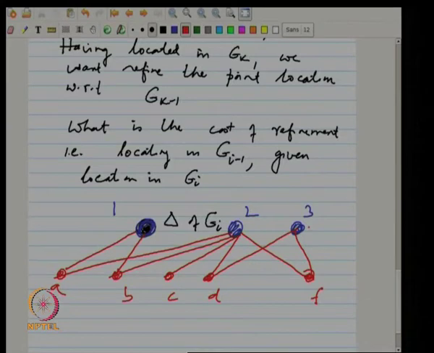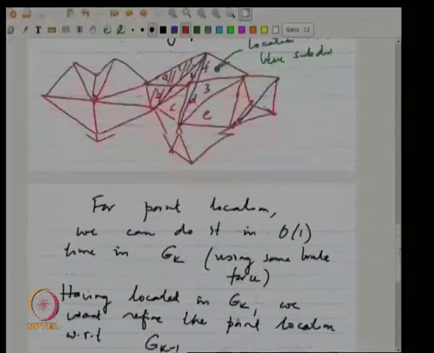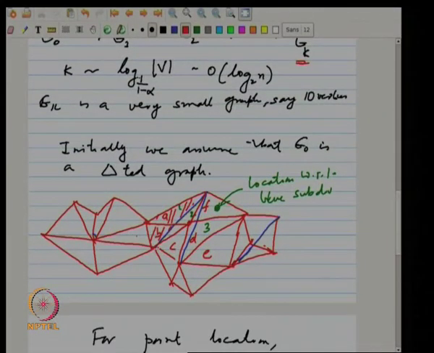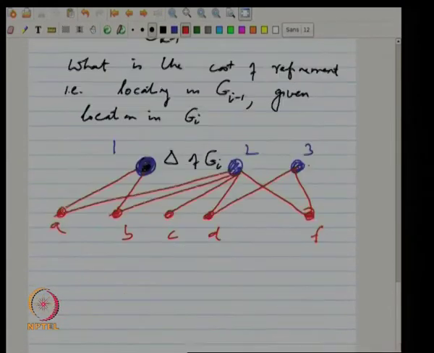That is the good thing about the degree bound, because when we threw out a vertex, we created a maximum of whatever was the degree of the vertex. Since the degree was 12, we cannot have a situation where a blue node will have more than 12 neighbors in the level of G I minus 1, right.